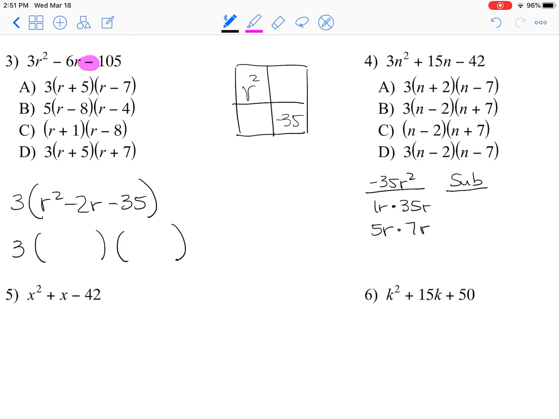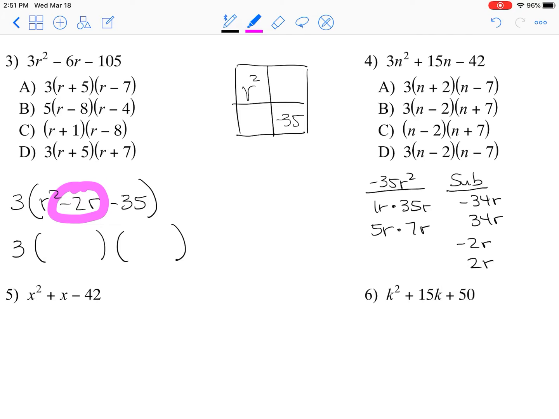Now, if we subtract 1 and 35, one way we subtract, we get negative 34r, and the other way we subtract, we get positive 34r. With the 5r and the 7r, one way we get negative 2r, the other way we get positive 2r. So according to my problem, I need negative 2r right here.